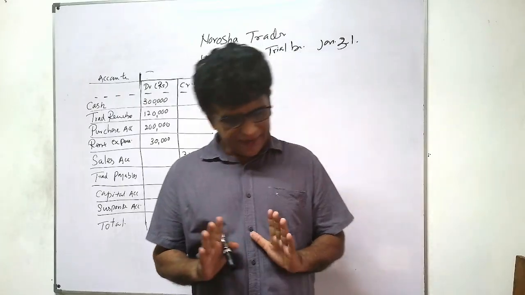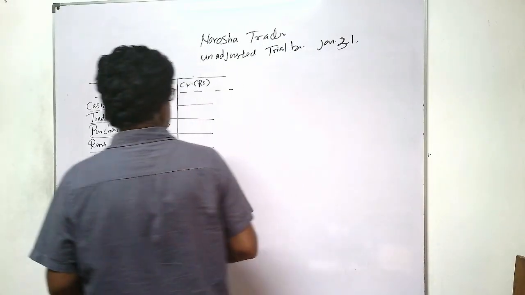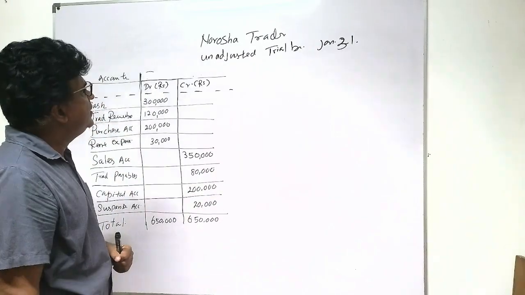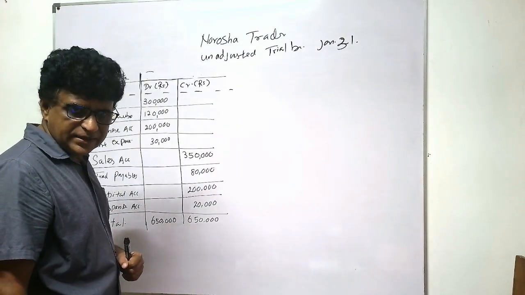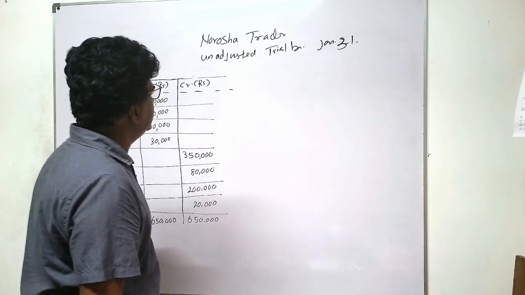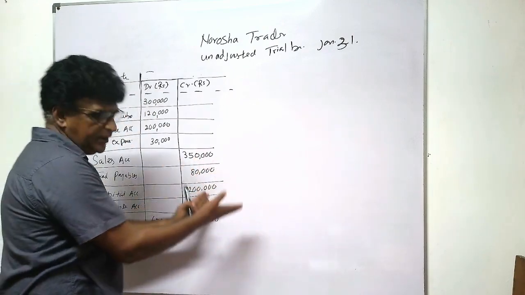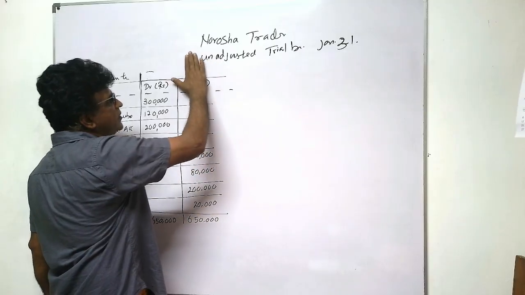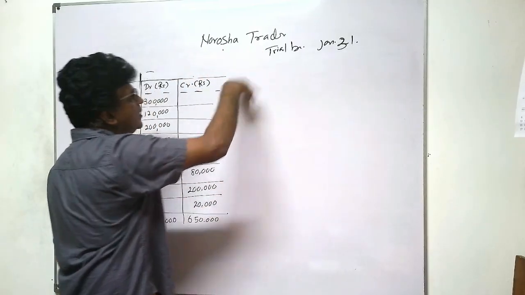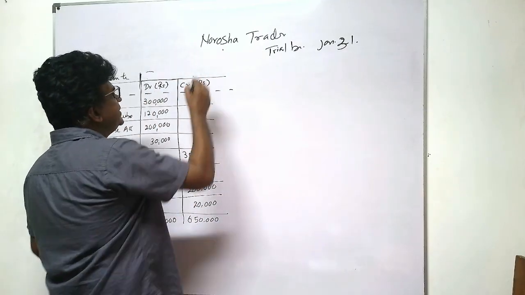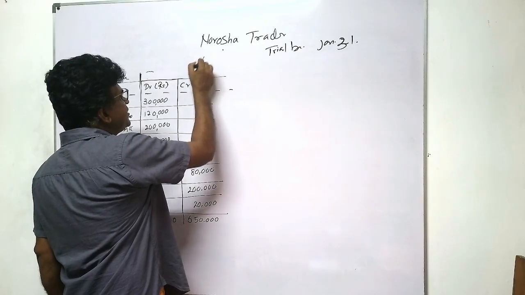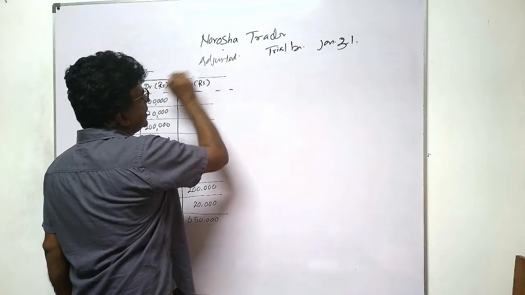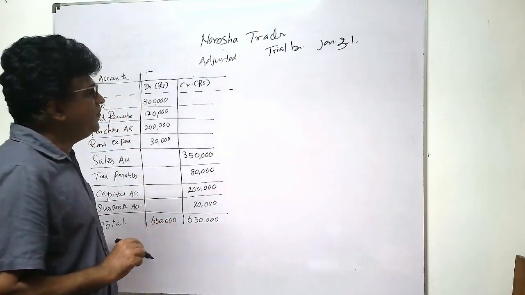Right. Okay. Now what we are going to do is the next, final trial balance. In the final trial balance, we have to extend this table. This is the adjusted trial balance of Niroshan Traders.